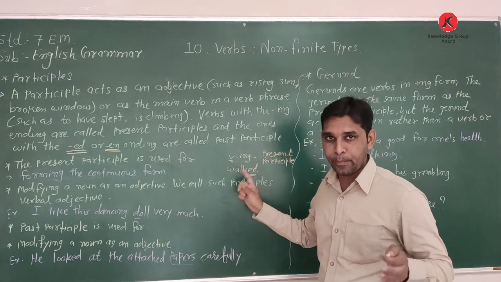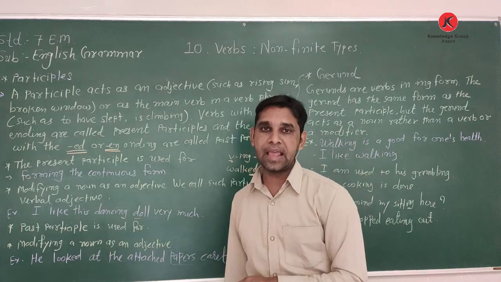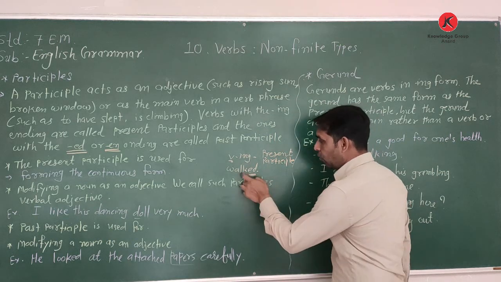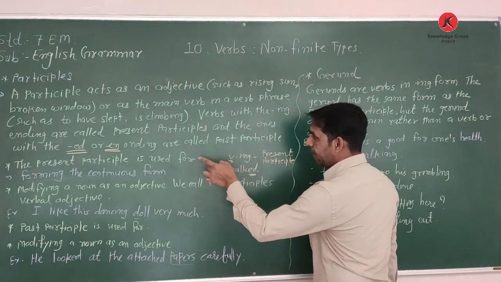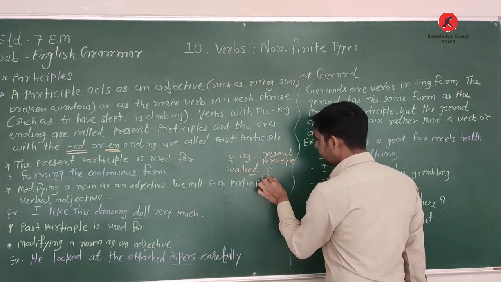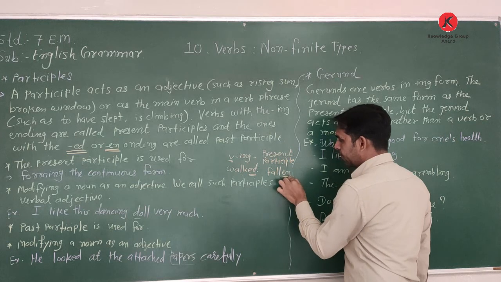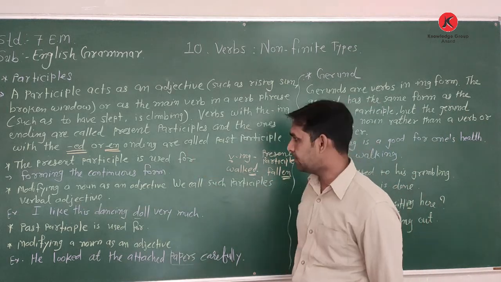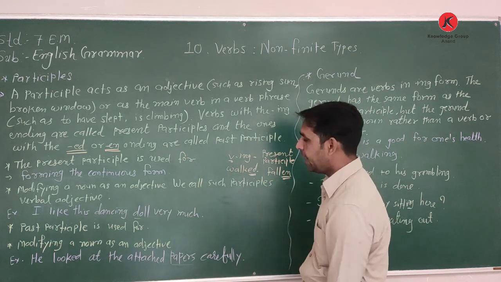We use this form with the past perfect tense or the present perfect tense. Then the en form, fallen. That is also called a past participle, ending with ed or en.